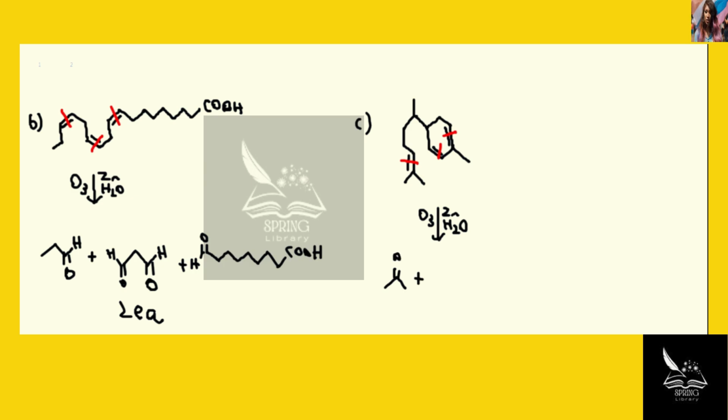Then I'm actually going to draw this with the orientation the same as it is in the starting material here, because it makes it easier. So rather than try to open this up and draw it as a straight chain, I'm just drawing it in the exact same orientation as it is in the starting material.